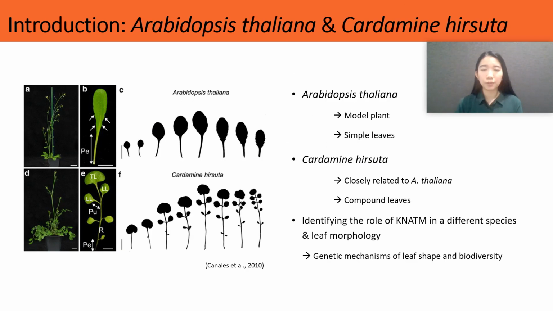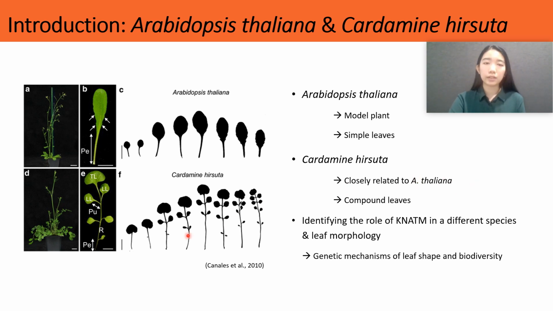As mentioned before, Arabidopsis thaliana is a model plant that is used to study NetM expression. It has a simple leaf. As you can see in the figure here, it has a simple and undivided leaf, while Cardamine hirsuta is also a model plant that is closely related to Arabidopsis thaliana.